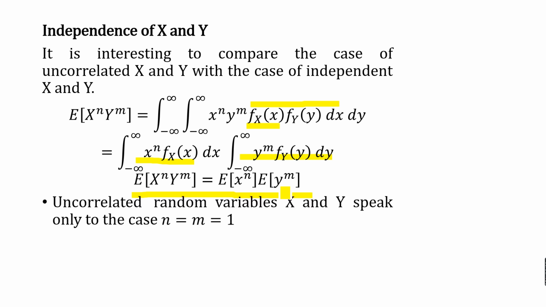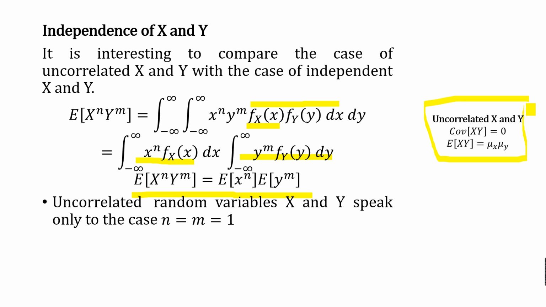And we have discussed uncorrelated random variables x and y only for the case when n is equal to m is equal to 1. That is what we defined as uncorrelated x, y.